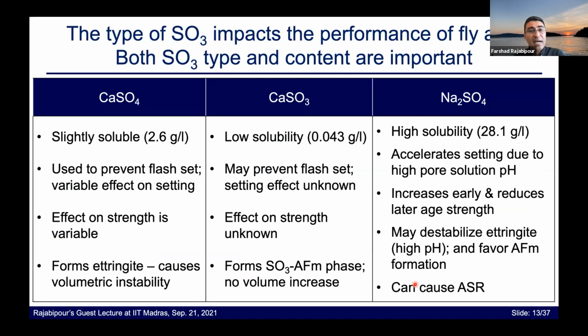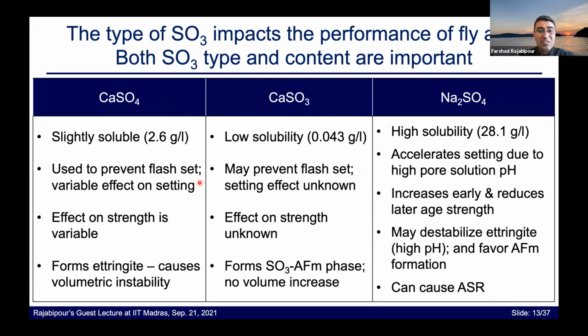Now, I argue that in addition to the SO3 content, the form of SO3, whether it's calcium sulfate, calcium sulfite, or sodium sulfate, can have a large impact on how these fly ashes perform in concrete. So if we look at it, summarizing some of these impacts, calcium sulfate is a slightly soluble salt.